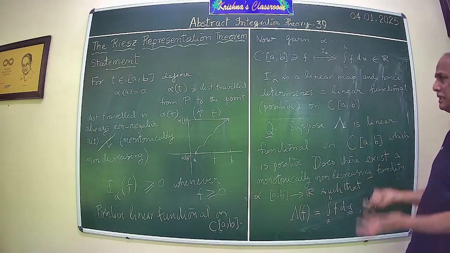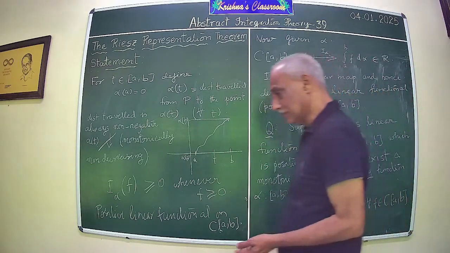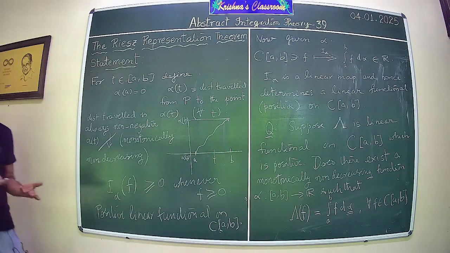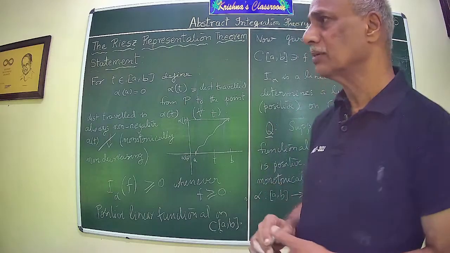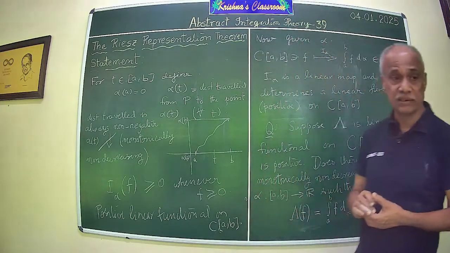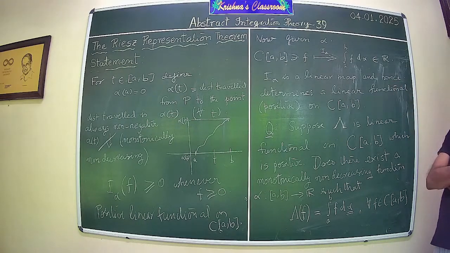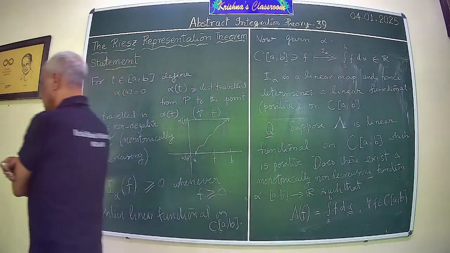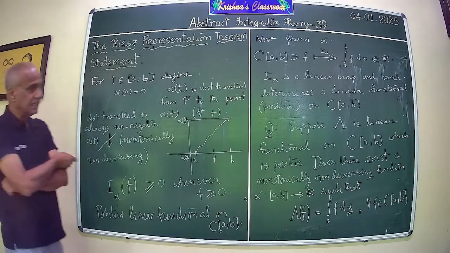Now we raise this question in the general context. As I state the theorem, it will be clear what the general context is, because we have come quite a distance from there by introducing the concept of measure, and then trying to represent integrals in terms of measure.